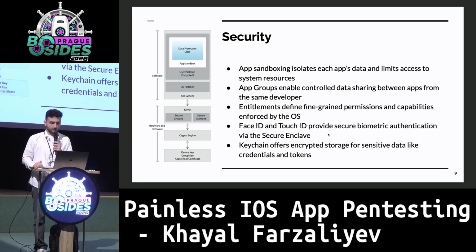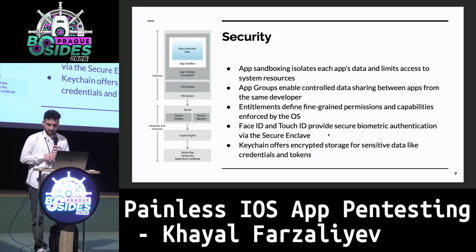The secure enclave is a separate chip, basically a tiny computer inside your phone that handles sensitive operations, like fingerprint matching and face recognition. The main iOS kernel cannot directly read its data. It can only ask to do some operations, like whether this fingerprint is correct, or sign this challenge, like this.